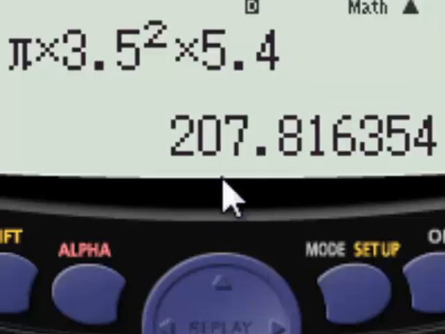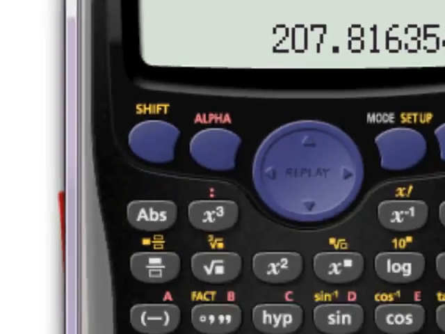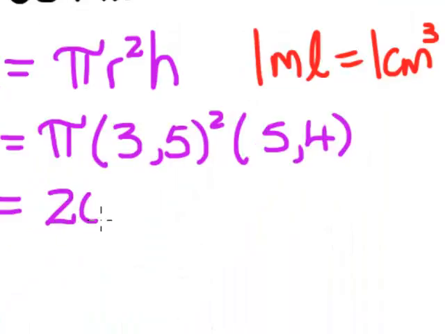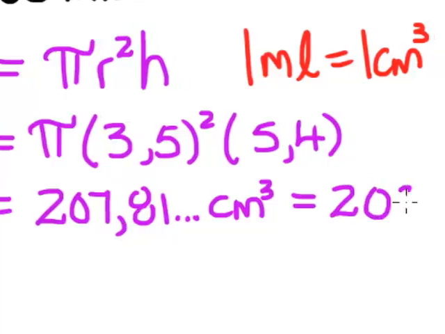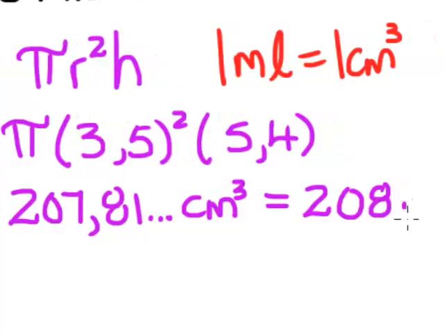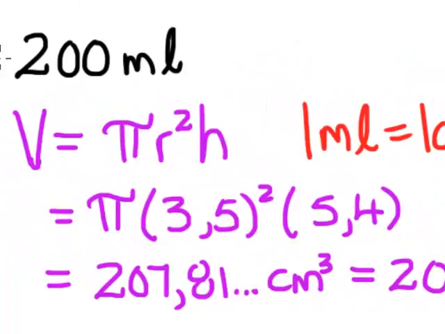That gives us 207.81 cubic centimeters. But 1 milliliter is 1 cubic centimeter, which means the capacity of this tub is about 208 milliliters. In other words, it is correct. The tub probably does contain 200 milliliters.